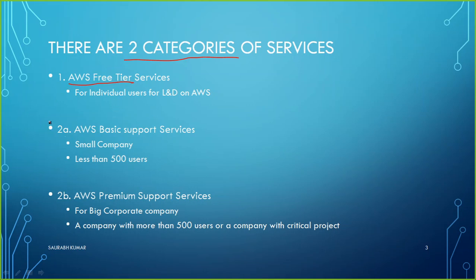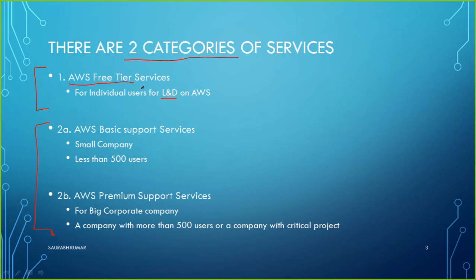These are the two categories of the AWS services. The first one we have is AWS free tier services, and that is basically for individual users like me, like you, or any single individual person who wants to learn or do any kind of research or development on AWS. They can go for AWS free tier services.